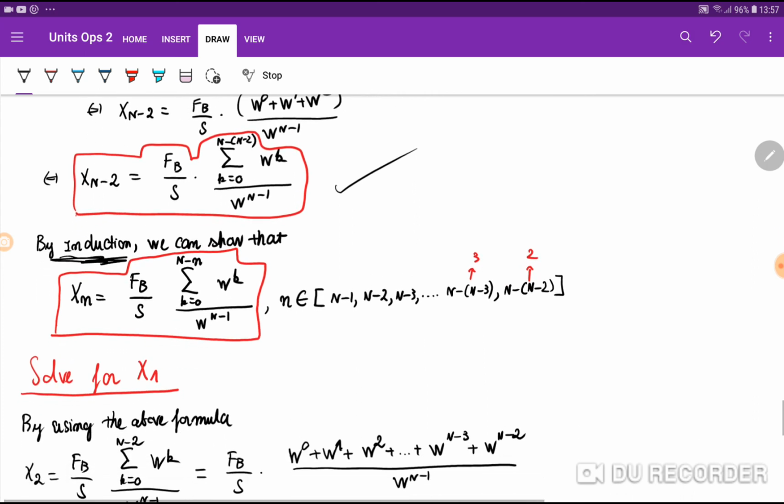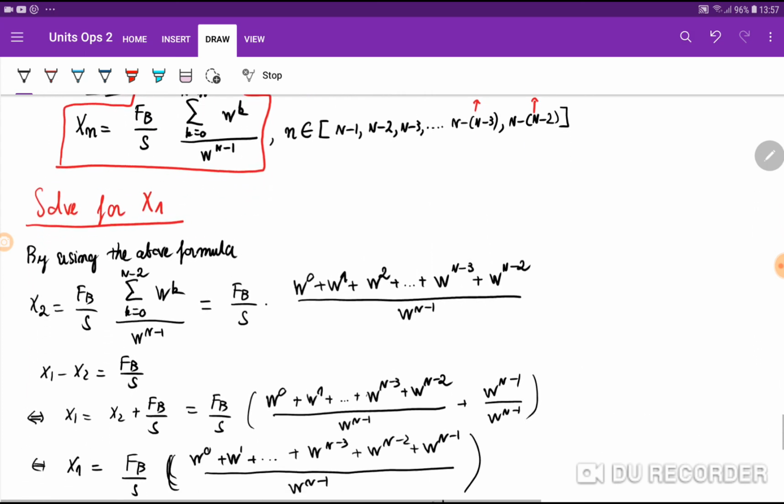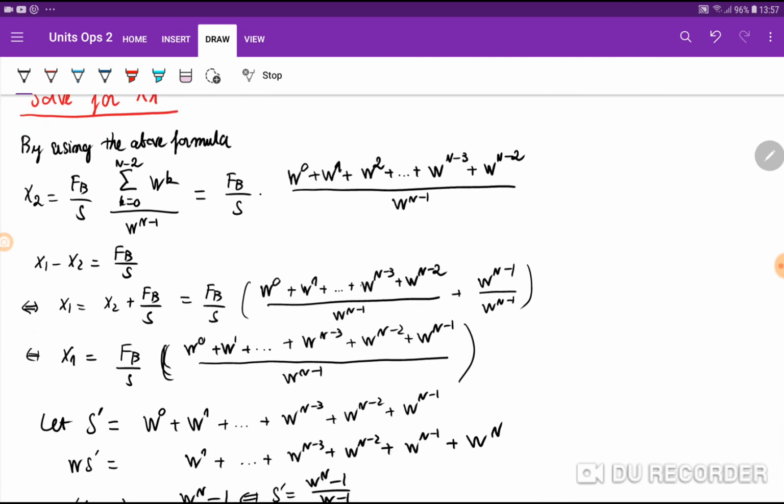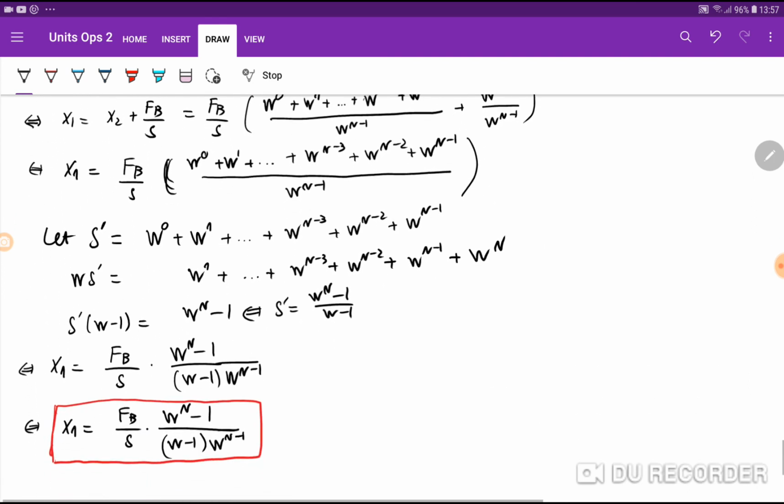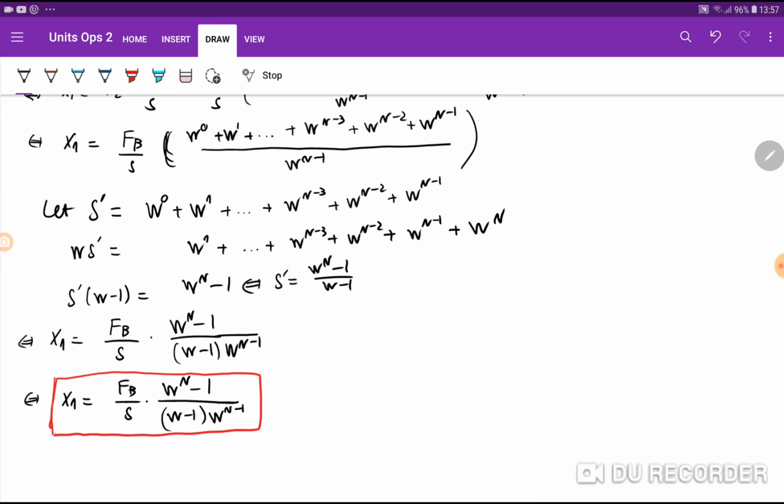So I use induction to figure out x_n, and then finally I plug in and solve for x_1. But my x_1 and the x_1 in the textbook are different. I think it's because in the textbook they only solve for the N equals 5 case, but now I solve for the general case. So I think I'm wrong, or I don't know, man.